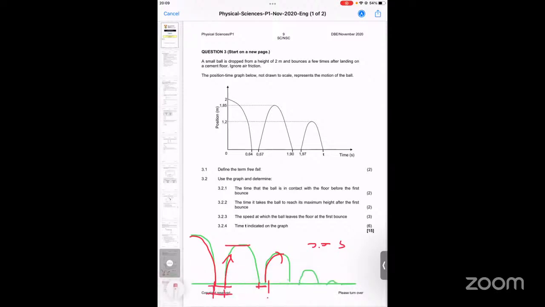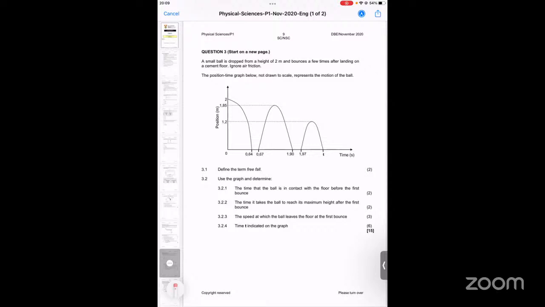Okay, maybe let me remove all of these. And then what I'm going to now do is to go through the questions where the first question, they want you to define the term free fall. I'm pretty much sure that by now you are able to define that term.